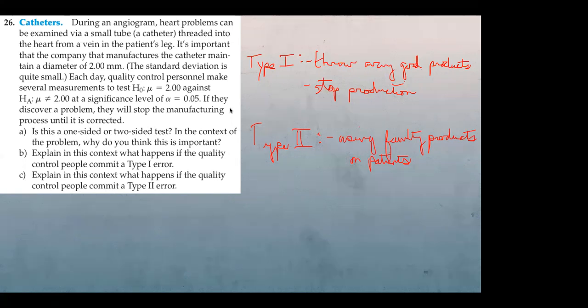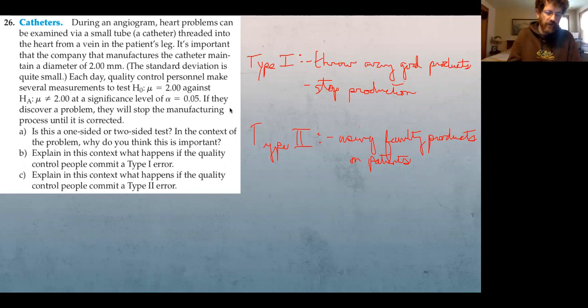Type 2, because you could like seriously injure someone. Exactly, yeah. So I think we're seeing a lot of scenarios where the type 2 error is the worst one. And I think a lot of times when you're dealing with medical things, it's maybe better to be safe than sorry and to reject the null rather than accidentally fail to reject the null when you shouldn't have.